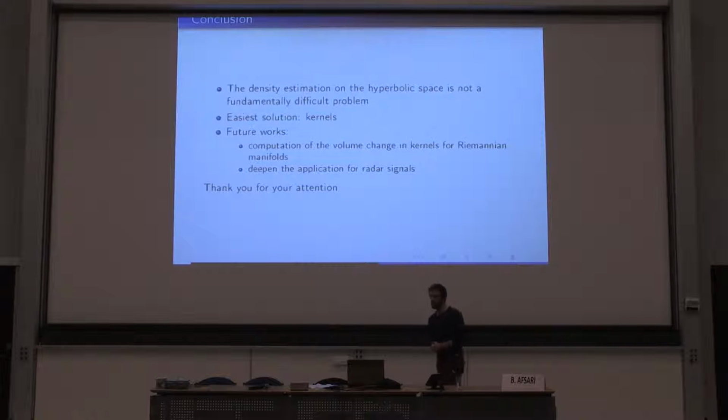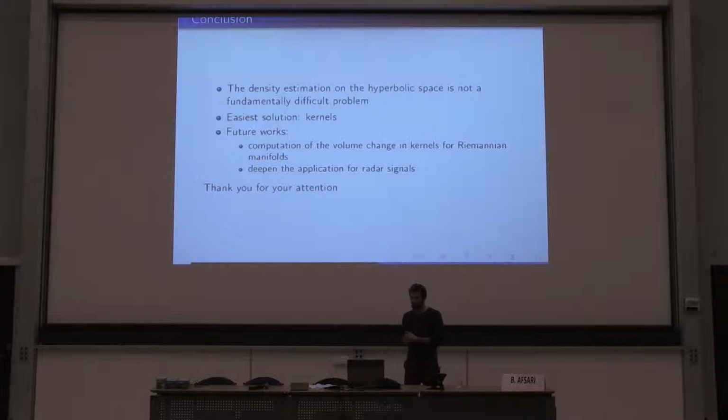So to conclude, the density estimation on the hyperbolic space is not a very difficult problem, but it's interesting to note that histograms and the orthogonal series density estimation present some technical difficulties, and that the kernel density estimation is the easiest solution.